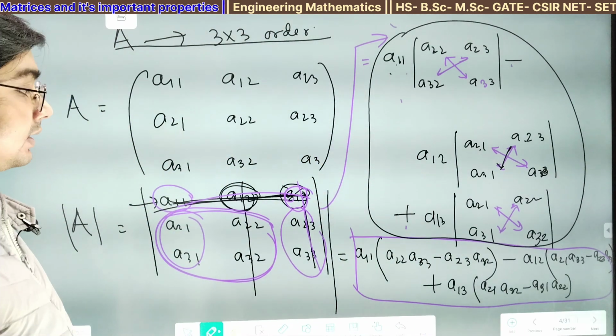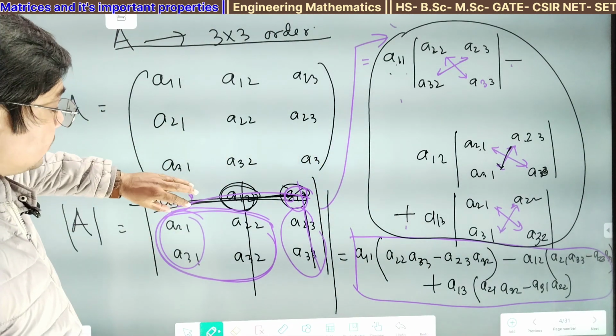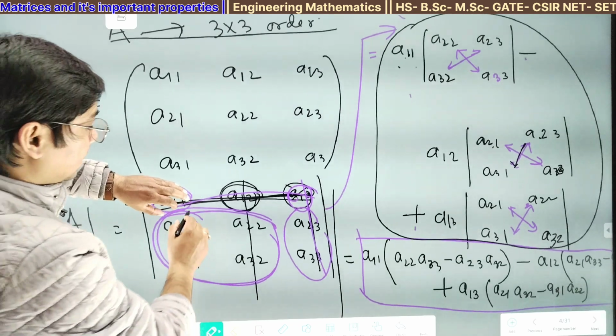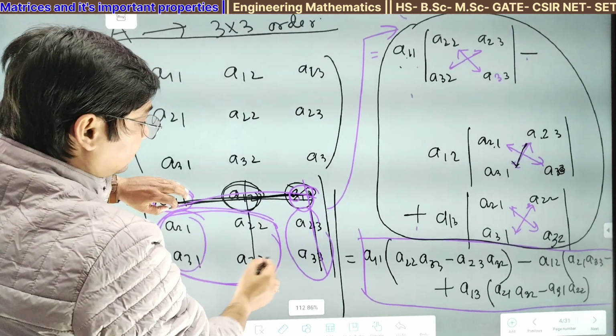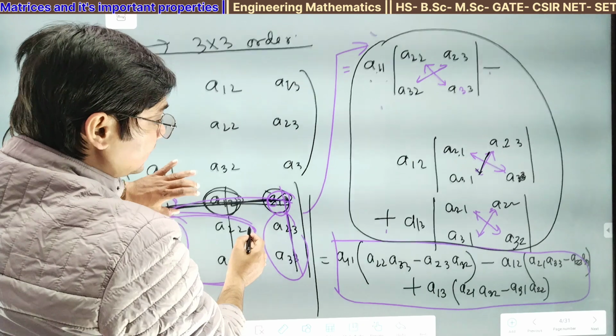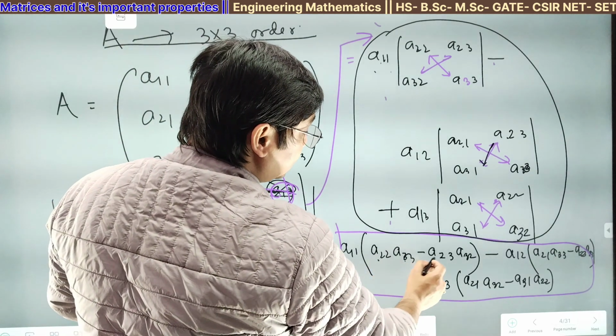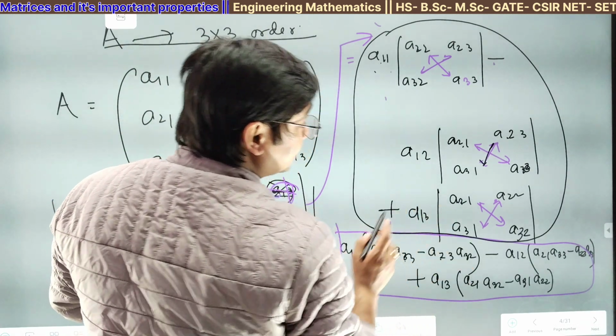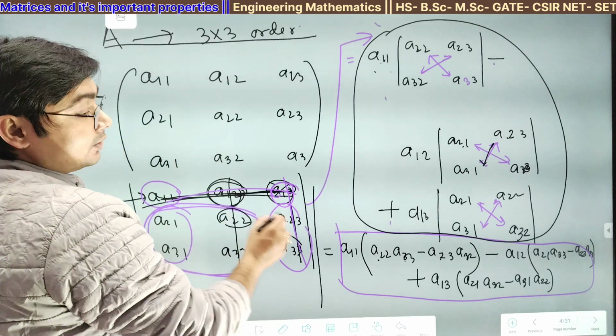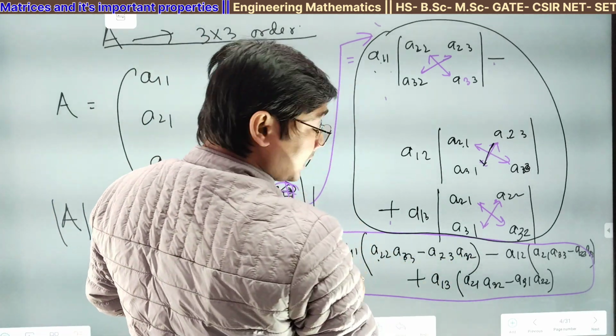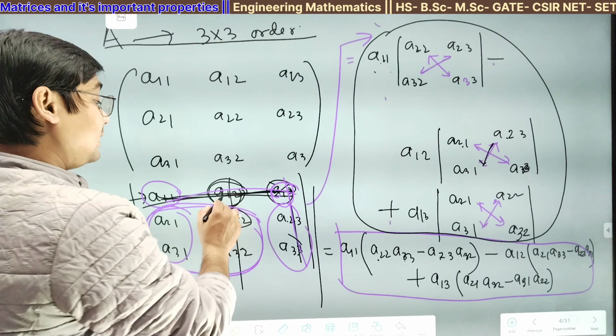Then what we do here, directly: first you choose the first element and you delete this one and this one. So these 4 elements will be there: A22, A33 minus A23, A32. Yes, similarly you put minus here, because the first is plus, so then minus, and then A12.